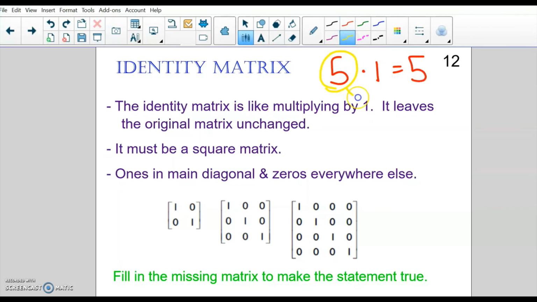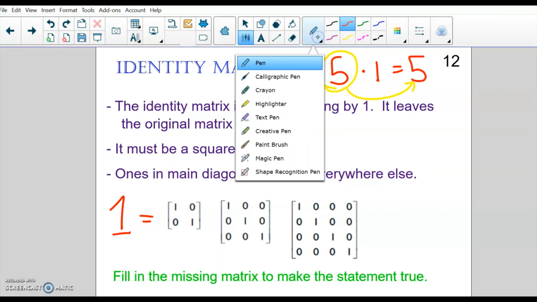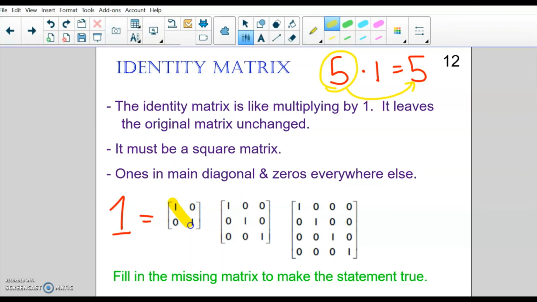So in matrix terms, an identity matrix is the number 1. These identity matrices are square matrices with diagonals of 1, and it's like multiplying by the number 1. It doesn't change the matrix.